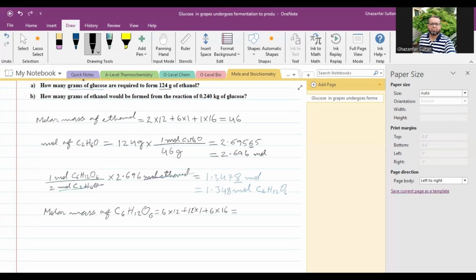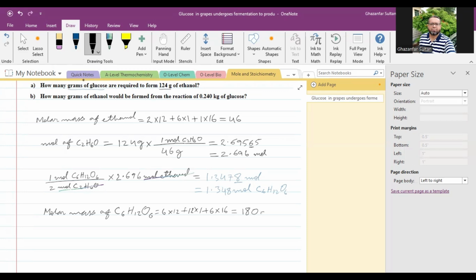So use your calculator and finally we get 180. 180 is the mass of glucose. See, 12 6s are 72. 72 plus 12, 84. 84 plus 96, 16 6s are 96. So finally we get 180 gram.